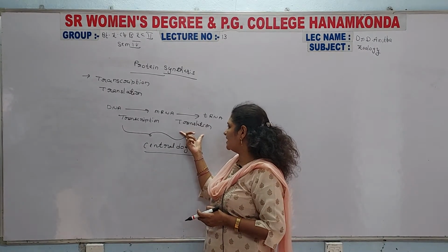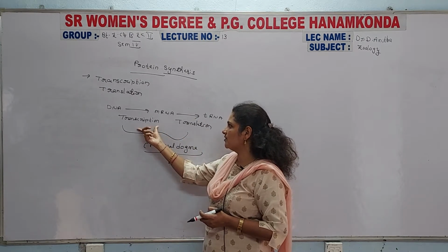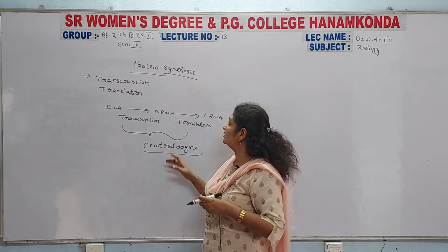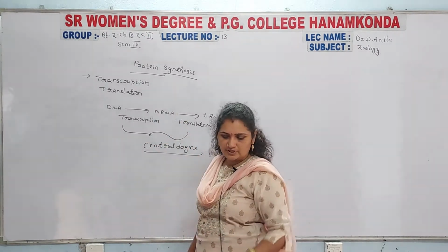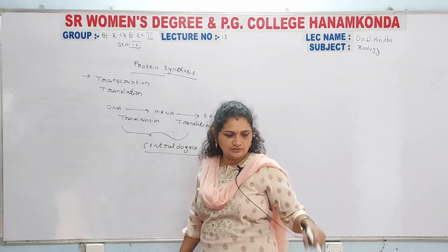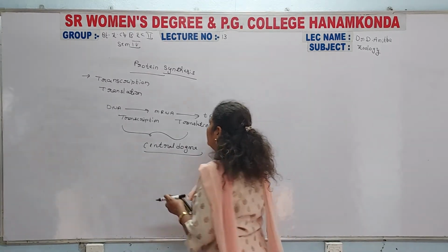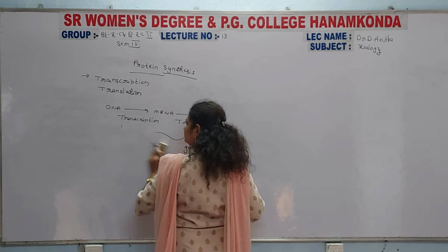That process is translation, and the first process was transcription. This whole phenomenon is considered the central dogma, that is, protein synthesis. We are going to study the step by step process of transcription and translation in detail now.